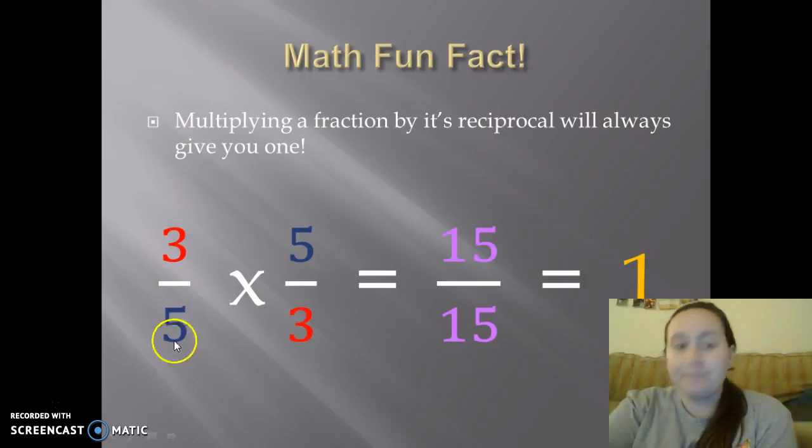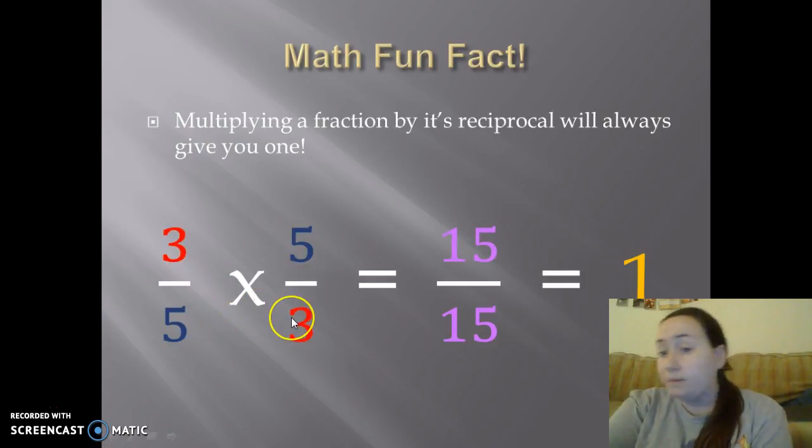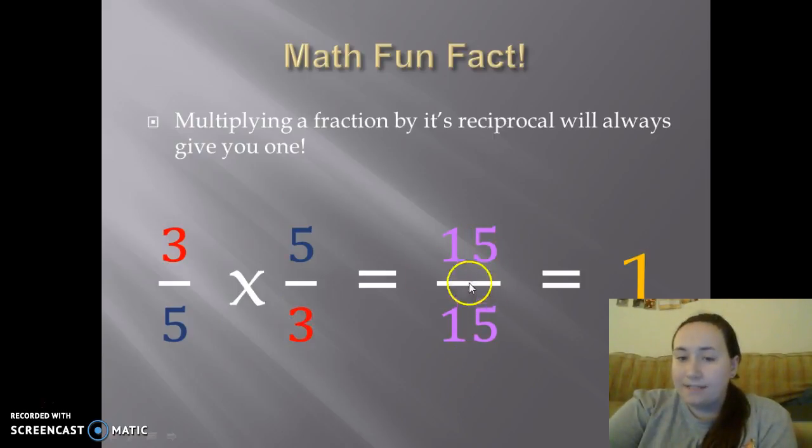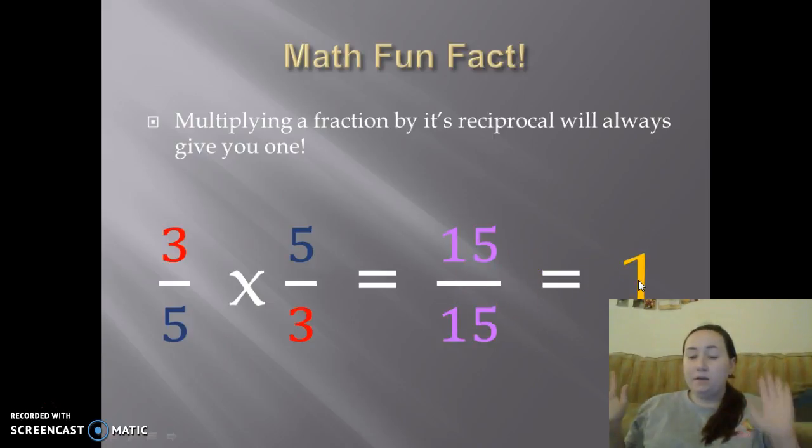When we multiply it by the reciprocal of 3/5, which is 5/3, you're going to get the same number on the top as you do on the bottom, because 3 times 5 when we multiply across is 15, and 5 times 3 is 15 as well. Any number divided by itself is just 1. So 15 divided by 15 is 1. This works for any number when we multiply it by its reciprocal. It's going to give you 1. Fun fact.